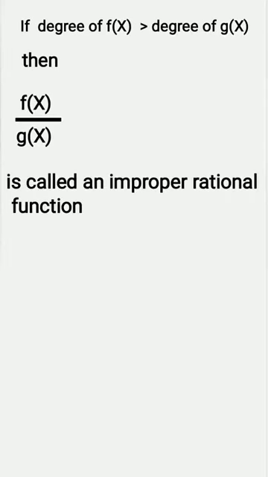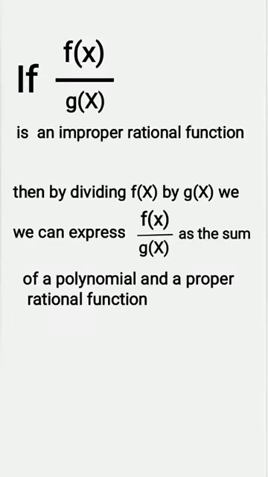And if degree of f(x) is greater than degree of g(x), then f(x) by g(x) is called an improper rational function. Now, if f(x) by g(x) is an improper rational function, then by dividing f(x) by g(x), we can express f(x) by g(x) as the sum of a polynomial and a proper rational function.